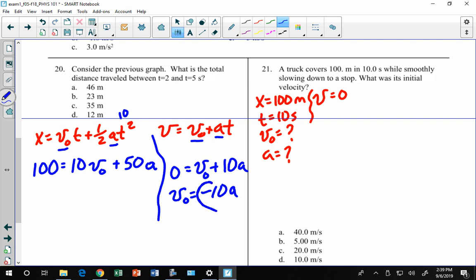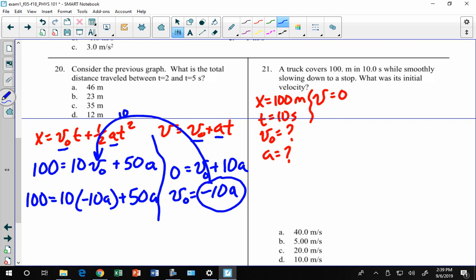So I can take this, which I know is equal to v naught, and plug it in there. So I have 100 equals 10 times negative 10a plus 50a, and that's something I can solve. So I have 100 equals negative 50a, so a is equal to negative 2.